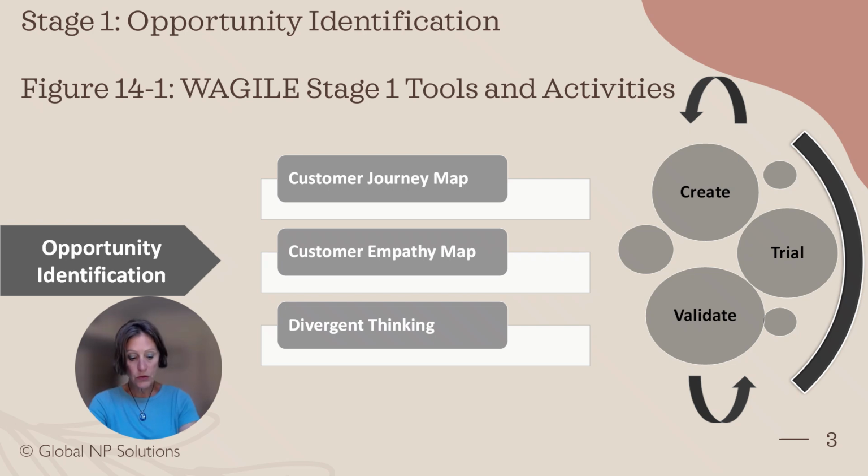In WAGILE, the customer representative, see Chapter 13, plays an outsized role to coordinate and gather data on customer needs. Creating ideas and concepts to trial with potential customers is the role of the technical new product development team. Figure 14.1, shown here, gives the key tools and activities of Stage 1 in the WAGILE process. Iteration of activities within a stage occurs only when needed.